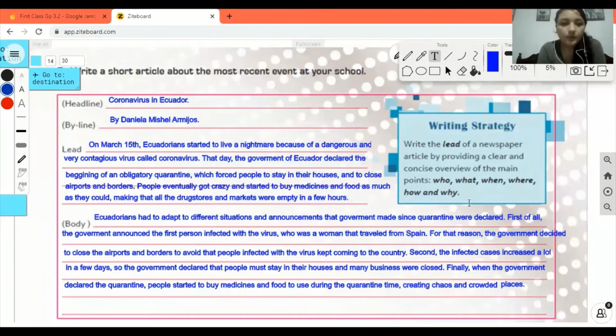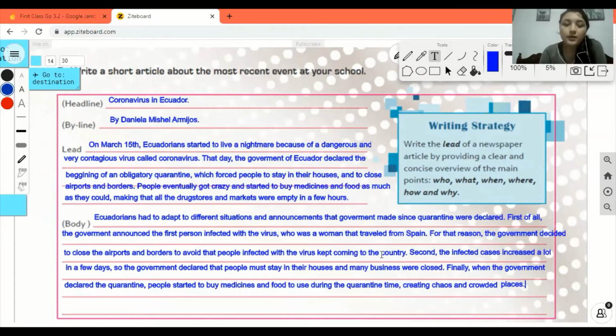Okay, here we have the last part of our article. In this case, we add the supporting details. We have the first one: the government announced the first person infected with the virus. What was the result? The government decided to close the airports and borders to avoid people infected with that virus coming to the country.